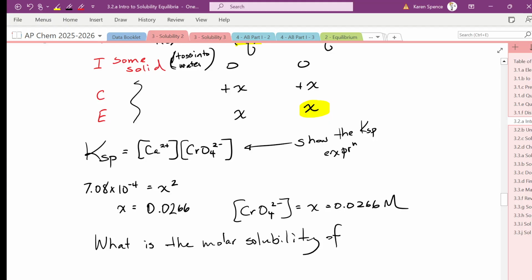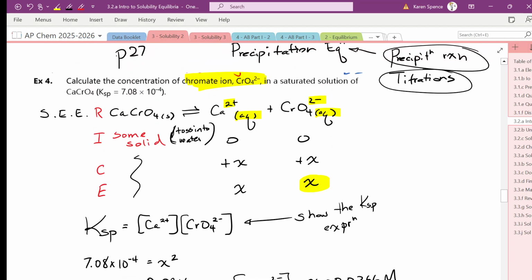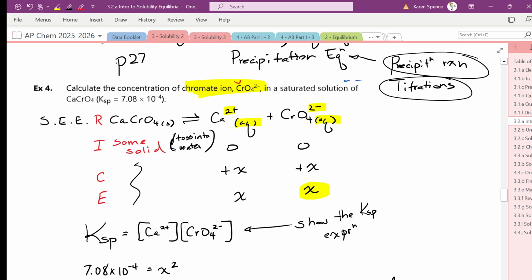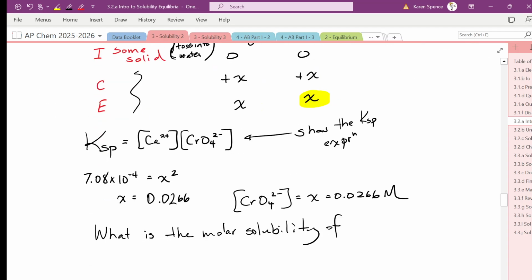You're saying how much can dissolve? That's the maximum concentration, right? If you dump this into water at 25 degrees Celsius, this is how much will dissolve, no more. Maybe less if you don't put enough in. But that seems unlikely because it doesn't dissolve very much. It's like 0.02. So what is the molar solubility of CaCrO4?